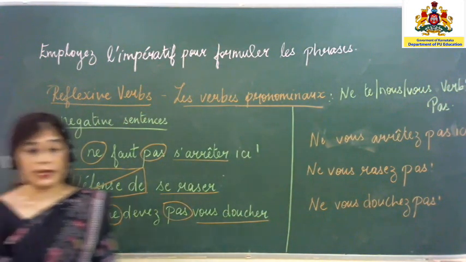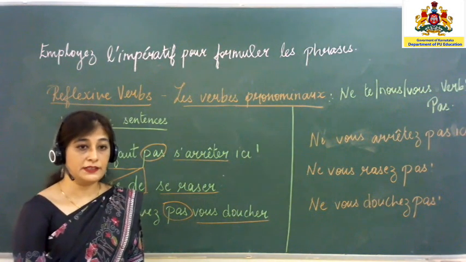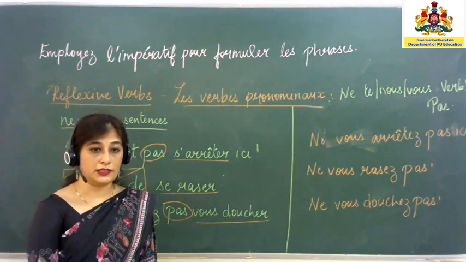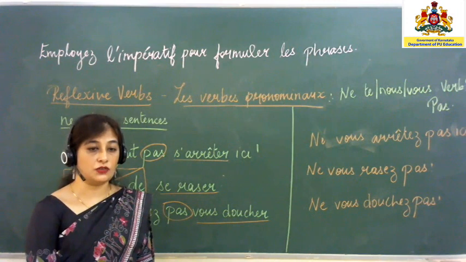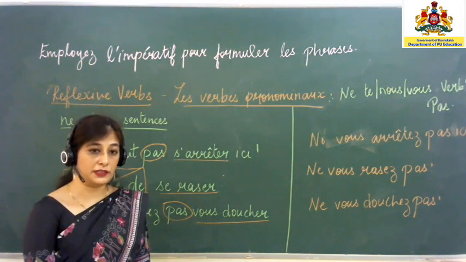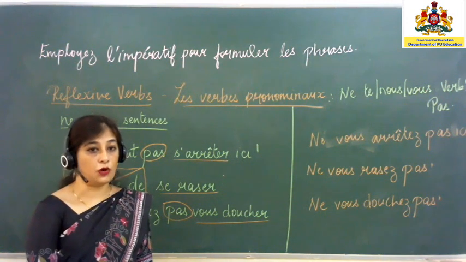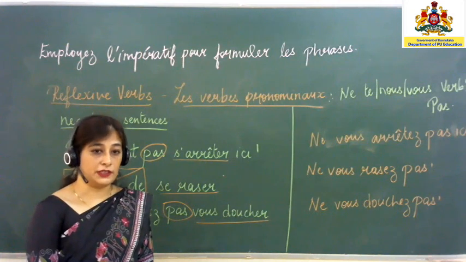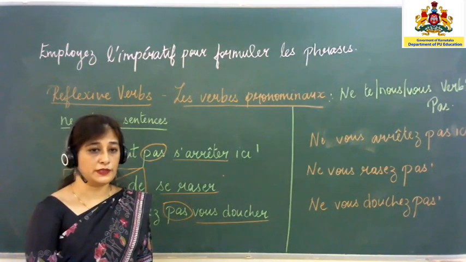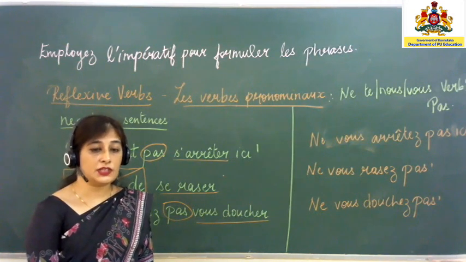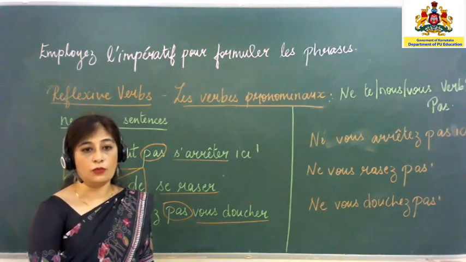So just to recapitulate the imperative tense, look for the unconjugated verb, change the unconjugated verb to the imperative according to the tu, nous or vous person, whichever is given. If the tu, nous or vous person is not given, consider changing it to the vous form always.